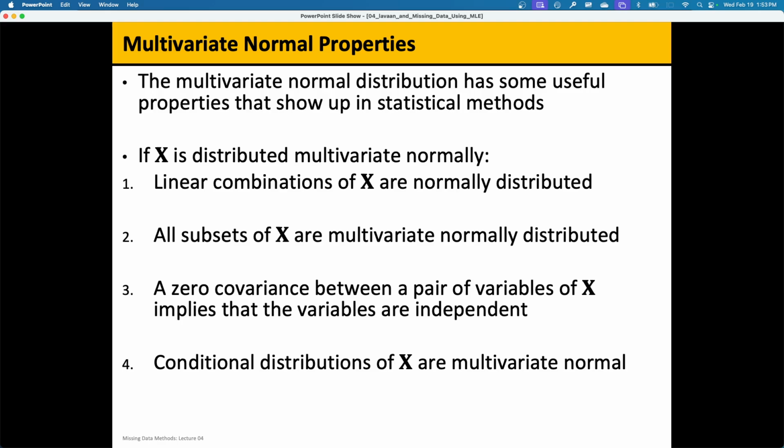Number two, all subsets of X are also multivariate normal. Now, I should say subsets of variables of X. Right? So imagine we have 10 variables here. 10 variables are multivariate normally distributed. You say, I don't want 10, I only want 2. Turns out they're also multivariate normally distributed. You just take those 2 variables out, resize the covariance matrix, resize the mean vector. There's your distribution for those 2 variables.